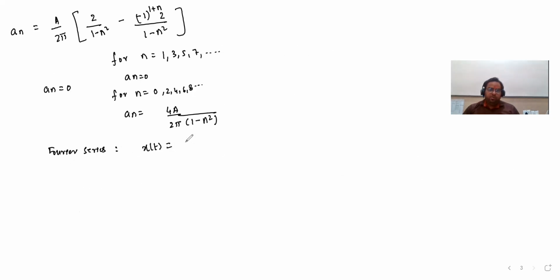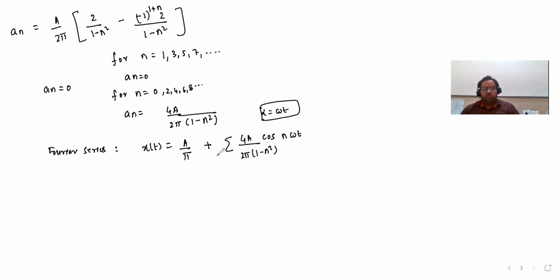So this will come out to be a by pi, and plus we have summation of a n. So this is 4a divided by 2 pi 1 minus n square cos n alpha. So n alpha is essentially omega t. We have alpha is equal to omega t. That is what we had substituted in the beginning.